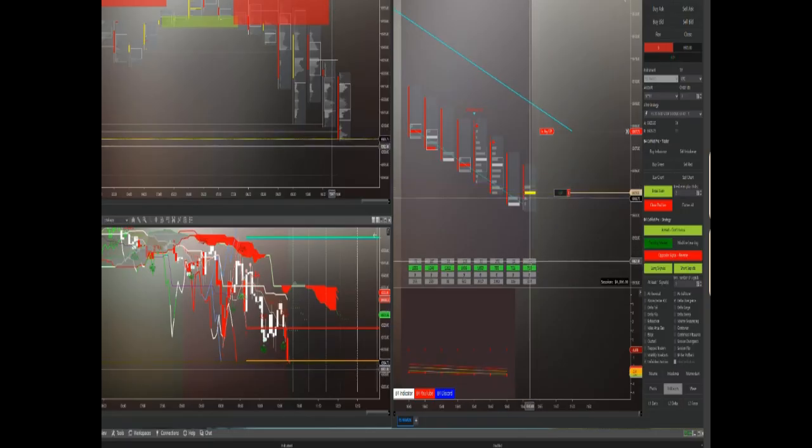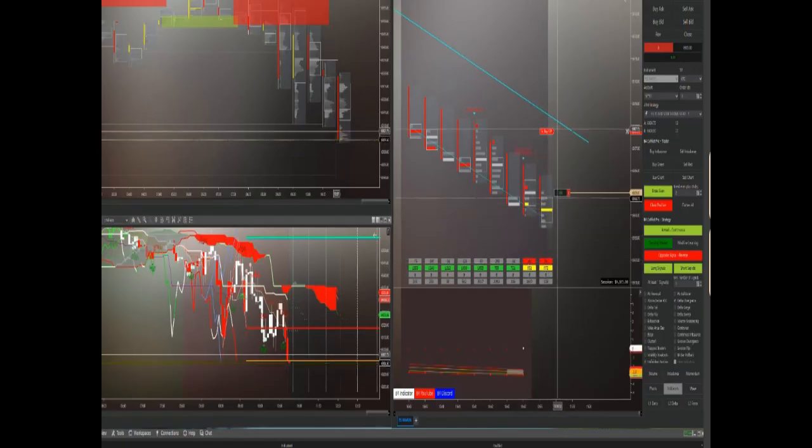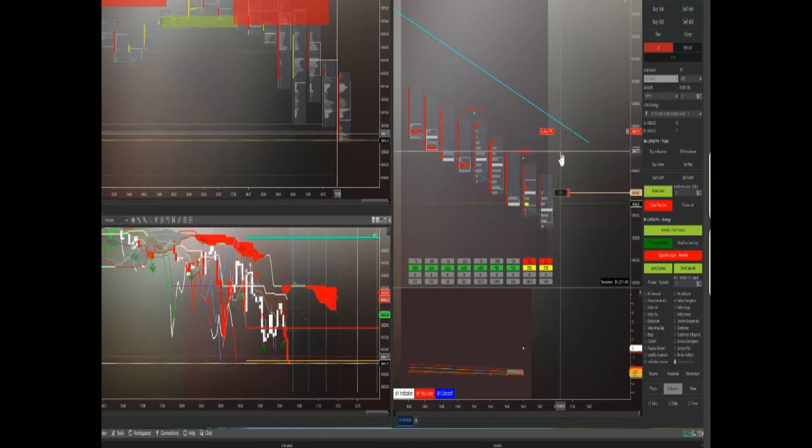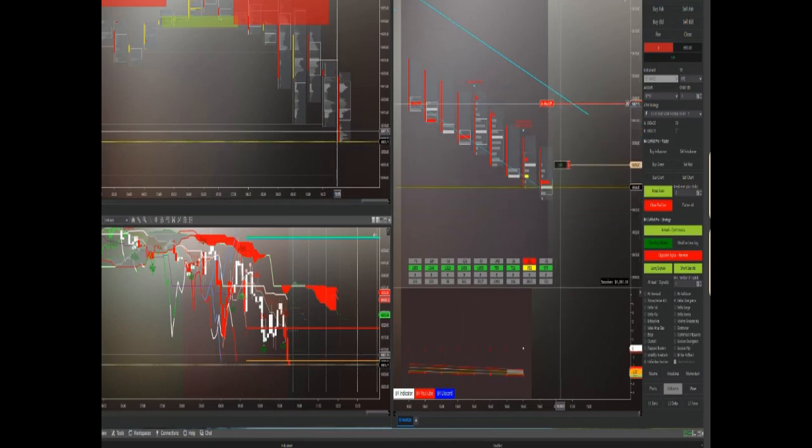If I see that lock in, and it's barely getting there, I can feel a lot better about this position. Here we go. Come on in there. Make me happy. Okay. Now I can feel a little bit more confident in this position.